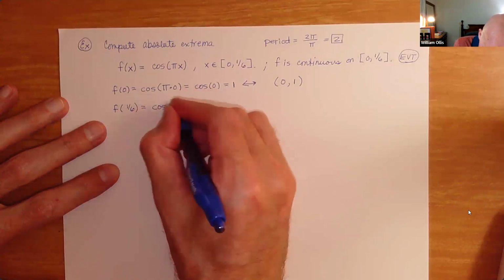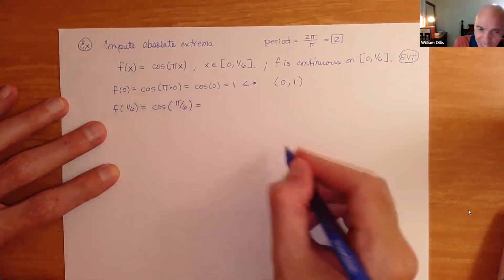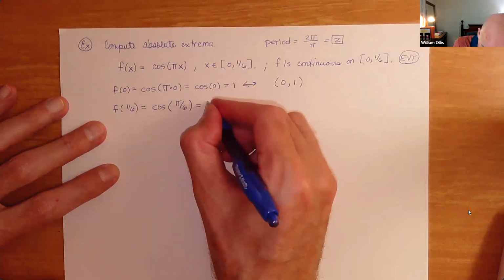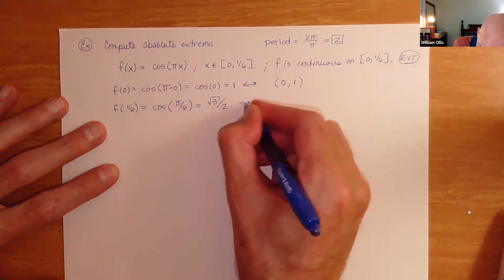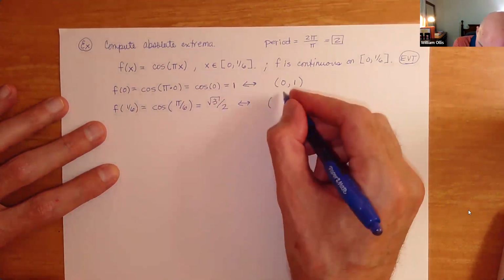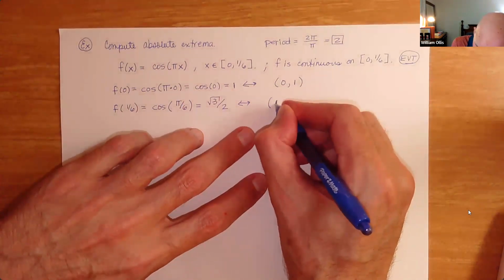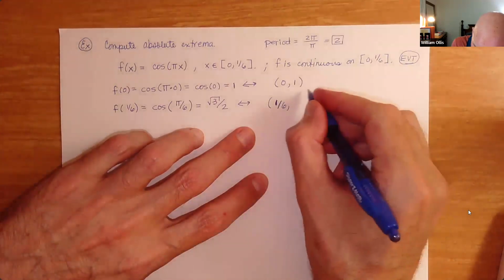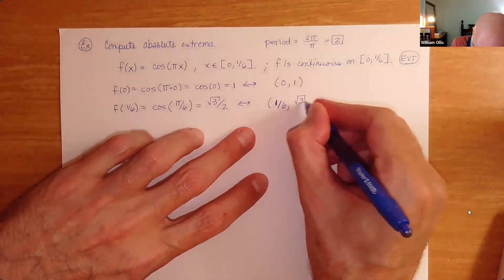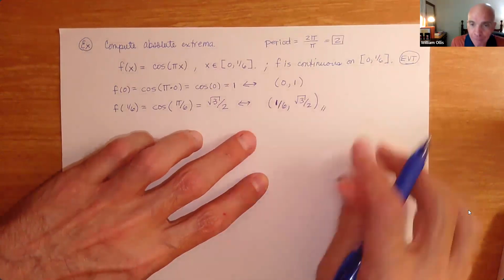And now we just have pi times 1/6, or pi over 6. And of course, that's from our unit circle. That's the square root of 3 divided by 2. So now, again, we always enjoy the beautiful symmetries of the unit circle, which give us such powerful results. So 1/6 is the endpoint, square root 3 over 2 as the output.